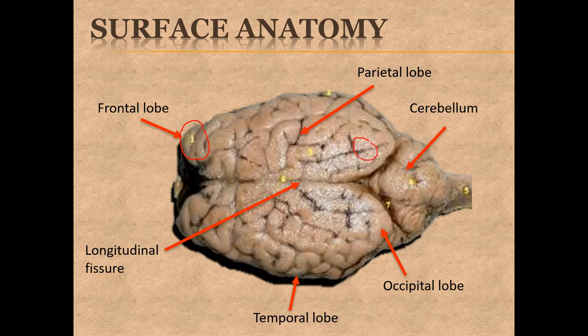So if I put it here, it's the occipital. If I put it over here on the side, temporal, parietal, and frontal would be all the way over here. This is called the longitudinal fissure, and a very good possibility that I would put a pin right there.